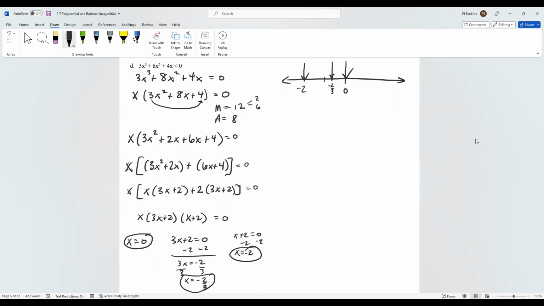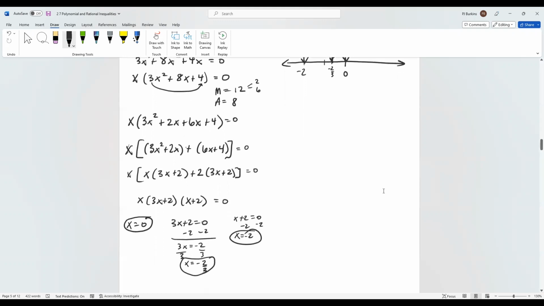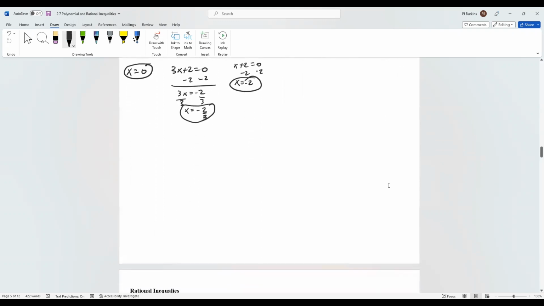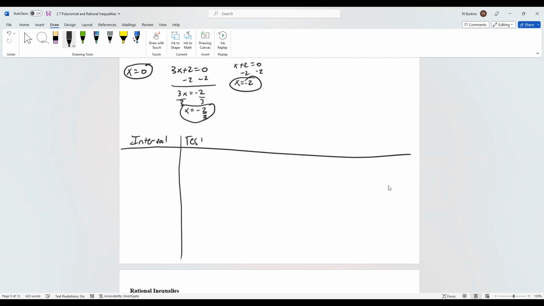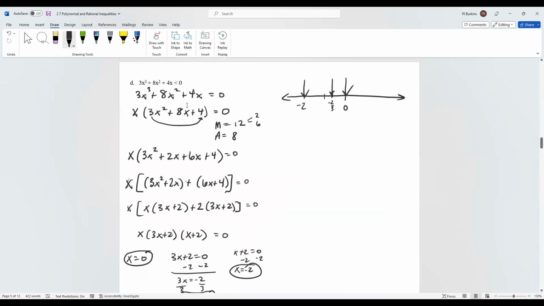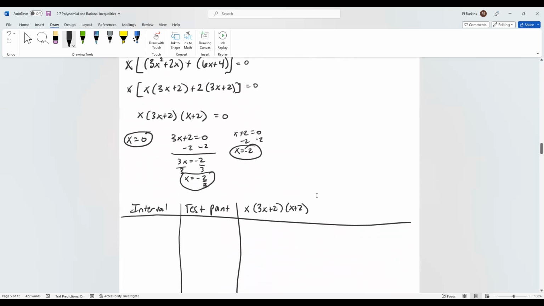Let's name them. And let's just go ahead and maybe jump down to our chart here, and I'll start building that. So interval, test point. The function was x times 3x plus 2 times x plus 2, and the inequality was less than 0.